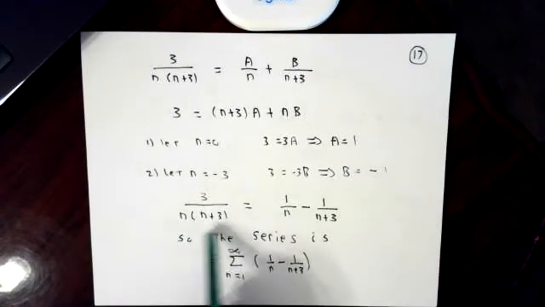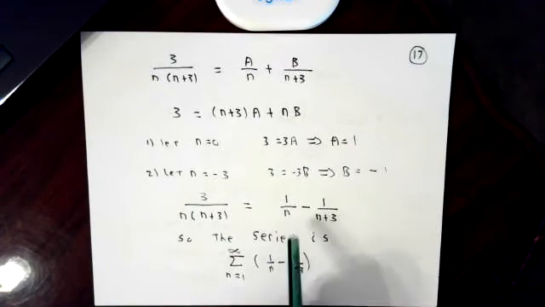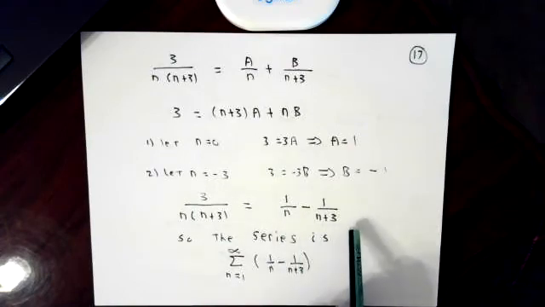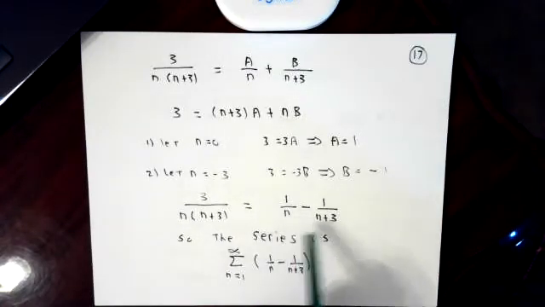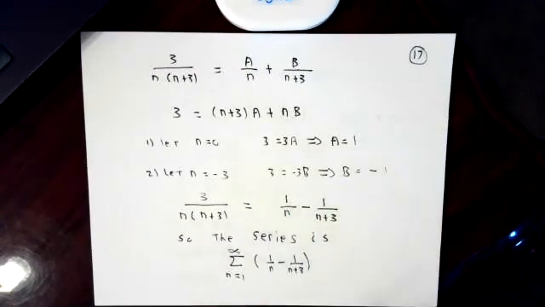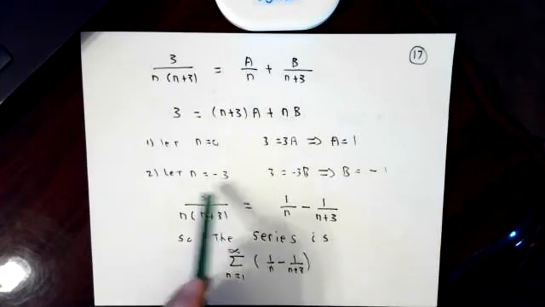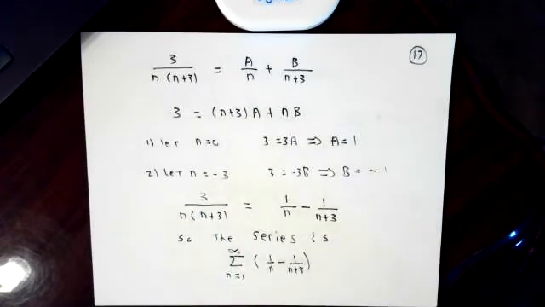So I can split this quantity up into 1 over n minus 1 over n plus 3. If you want to do a sanity check, start with this, write it as a single fraction, and you'll see that after you get done simplifying it, you do get back what you're supposed to get. Now, this means my infinite series is exactly the same thing as this. If I can figure out some way of dealing with that, we'll be in business.